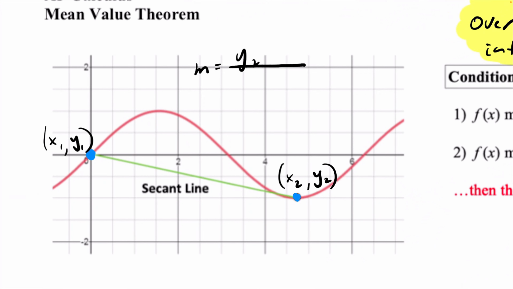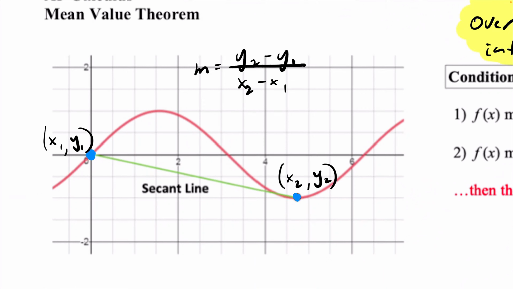So we go y2 minus y1. The run refers to the x's, right? You guys have been doing that for a while. That's how to find the slope of the green line.